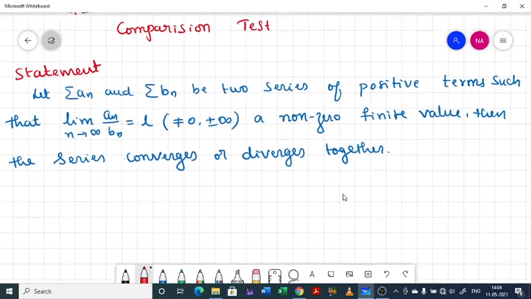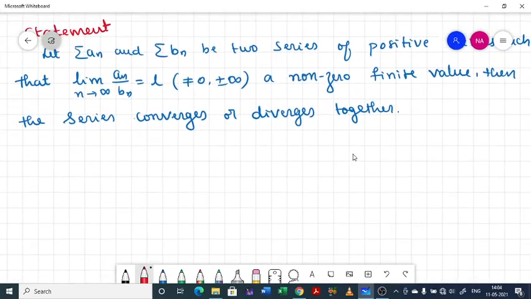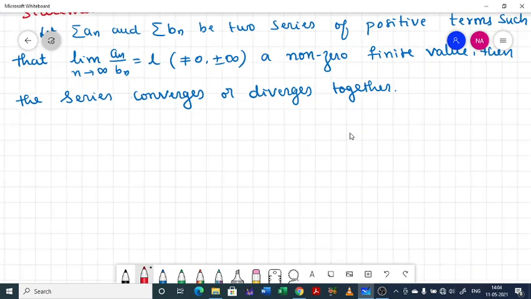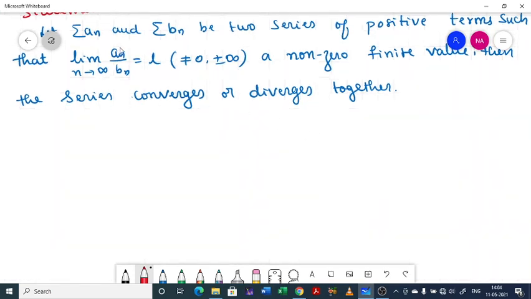The statement says, if we have two infinite series, summation an and summation bn, such that the limit as n tends to infinity of an by bn equals L, which is a non-zero finite number (it should not be 0 also), then the series converge or diverge together.